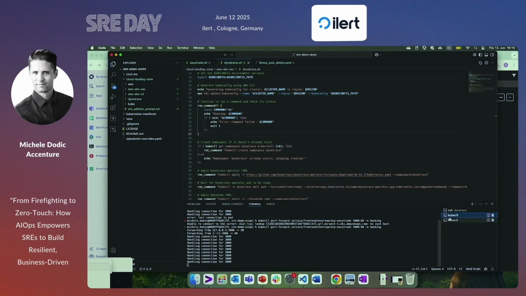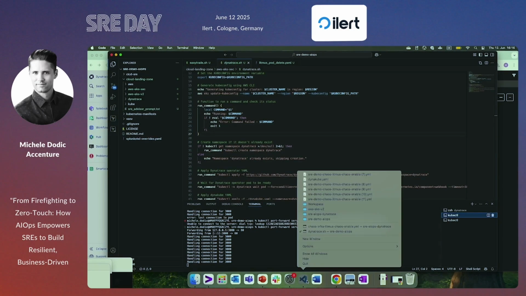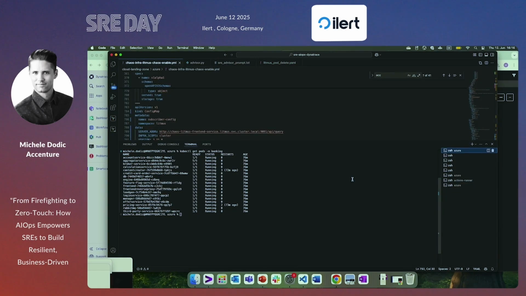Before I proceed, it's important to mention that this is my deployment of the EasyTrade banking application on my Azure Kubernetes cluster, and at this point in time we only have one account service, which, as you will see, I will soon be breaking.